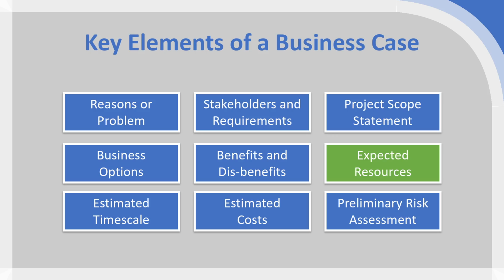Certain projects will need 15 laptops or 5 laptops or a certain amount of computing power. Maybe they'll need to requisition certain resources internally. Those should all be identified in the business case as well, to really identify exactly the resources that would need to be dedicated to your project in order to make it a success, if it is going to be approved and the business case accepted.